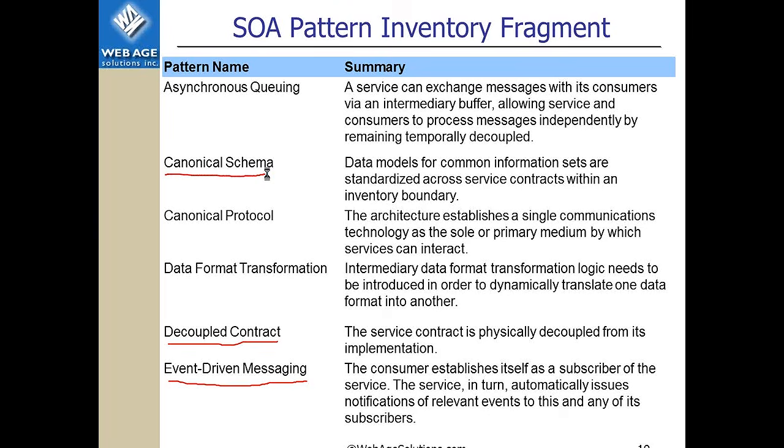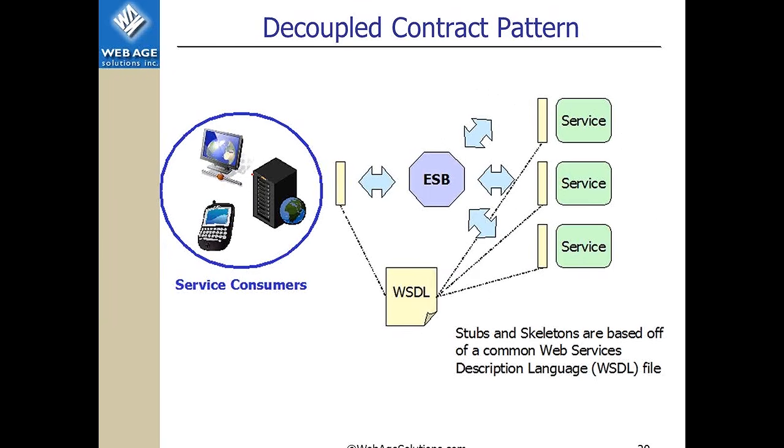So one example could be XSD schema files, and that schema would be enforced across the enterprise so that all interested clients would be created as per that canonical schema. I'm not going to spend more time on that, but I guess that slide just captures some of the more important SOA patterns. So that catalog is quite exhaustive and an interesting read.